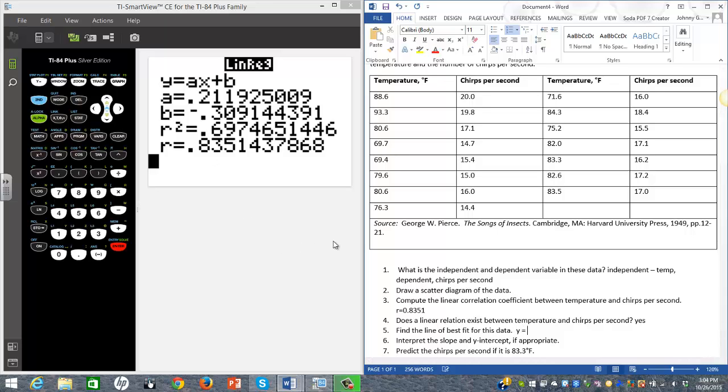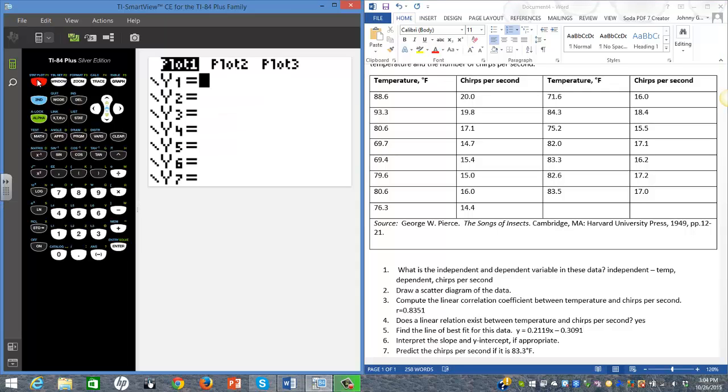So I'm going to write the equation just like that. It's going to be y equals a, which is 0.2119, I'm using 4 decimal places, x plus b. Now b in this case is negative, so it's going to end up being minus 0.3091. So this is my line of best fit. Now I'm going to actually put that line into y equals so y'all can see what it looks like.